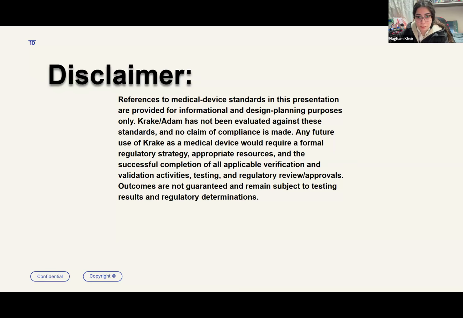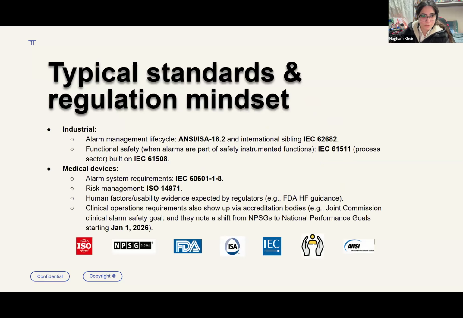Outcomes are not guaranteed and remain subject to testing results and regulatory determinations. I'm sorry, I just needed to say this disclaimer very front. So now that that's been said, let's move to the next slide.